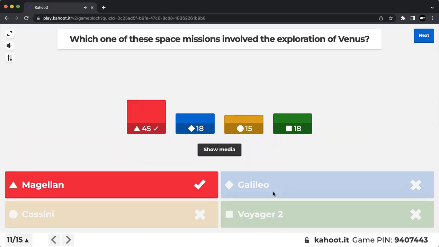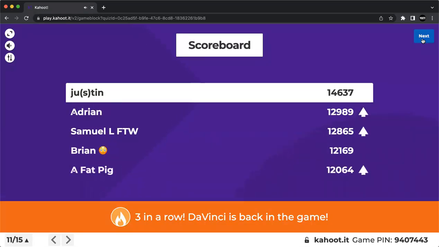Magellan. Cassini was Saturn, Galileo was Jupiter, and Voyager 2 was Jupiter, Saturn, Uranus, and Neptune. Good job, everybody.